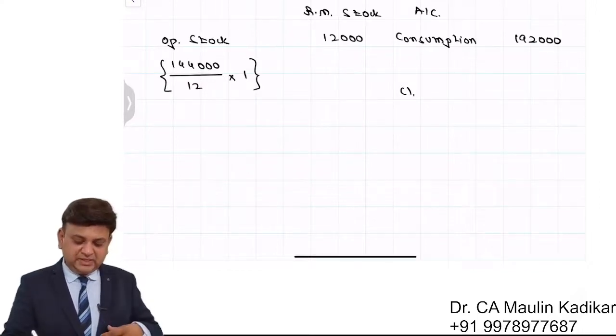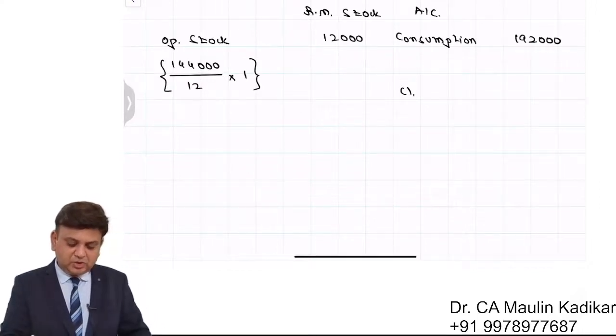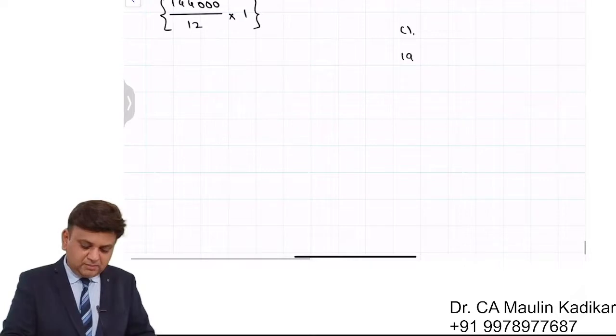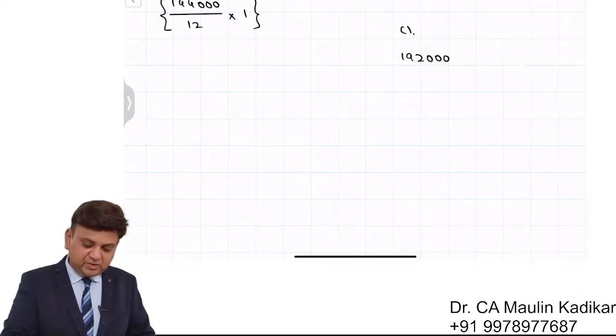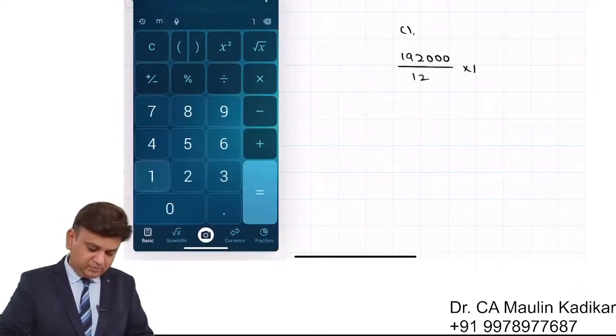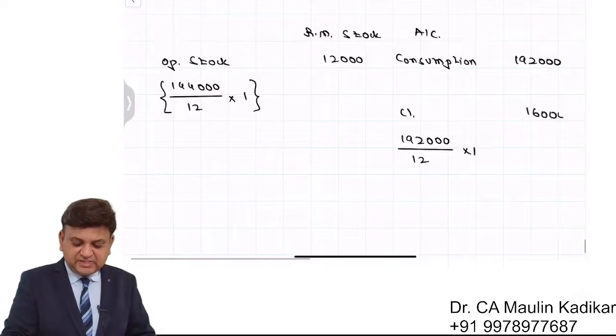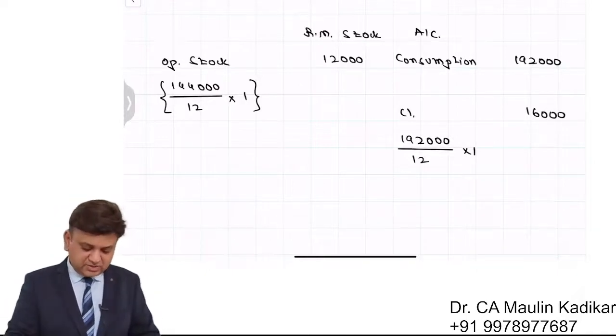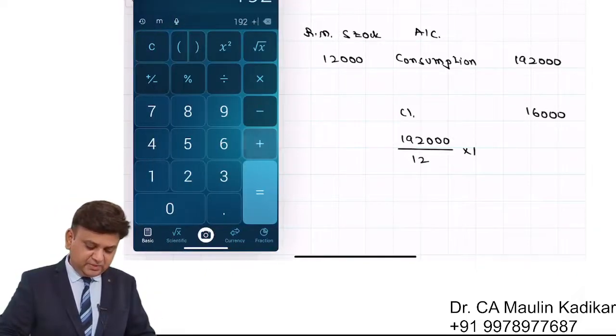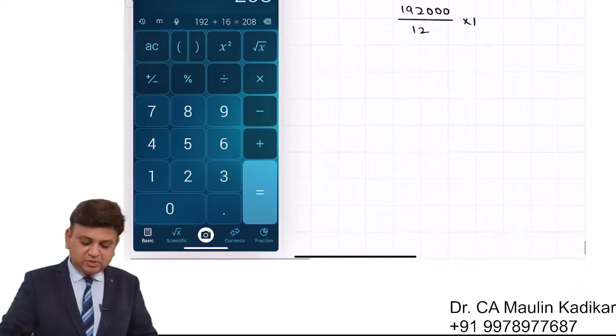Suppose the closing raw material stock would be based on the current year's consumption. So it is 192 divided by 12 into 1, that comes to 16,000. So the credit side total is 192 plus 16, that is 208.